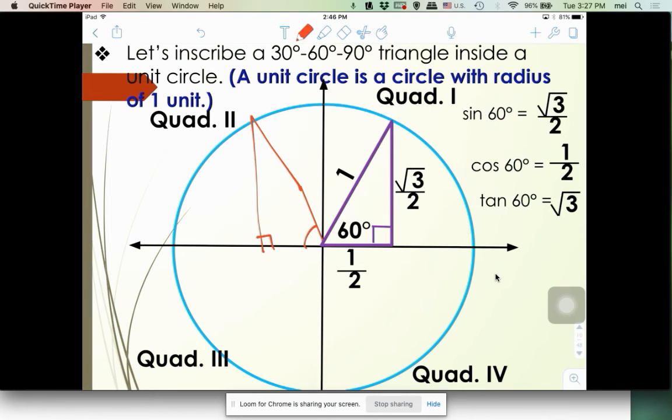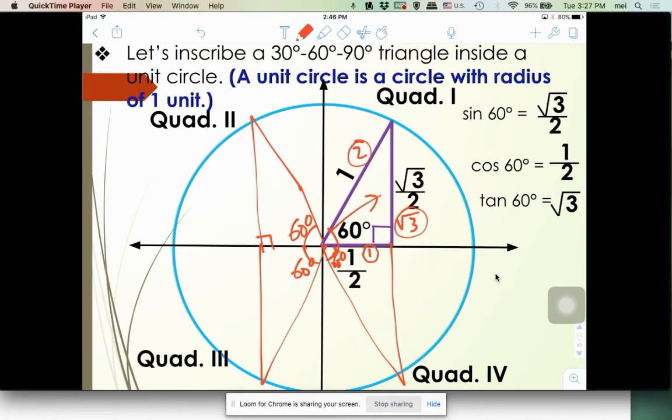So here is the 60 degree, and we're going to reflect it the same way. So if you can see that we're reflecting 60 degree all the way across the x-axis and the y-axis, this is what you will see in the resulting 4 quadrants. So you will see that we're following the same formula. Opposite over hypotenuse is radical 3 over 2 for sine.